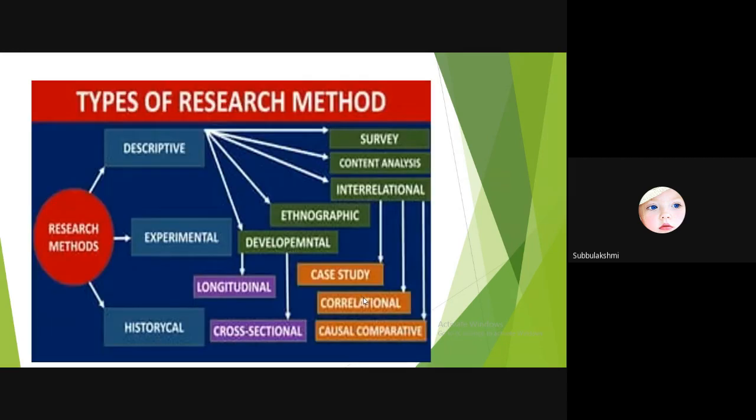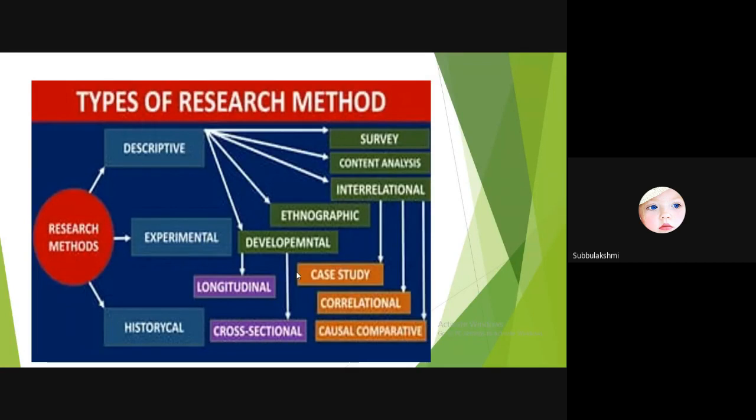The same you find here in a diagrammatic representation, where you have three major categories of research method. It can be descriptive, experimental, or historical. When you take descriptive, you have many sub-methods, such as survey method, content analysis, interrelational, ethnographic, developmental.